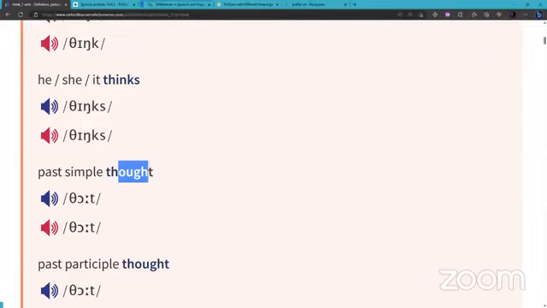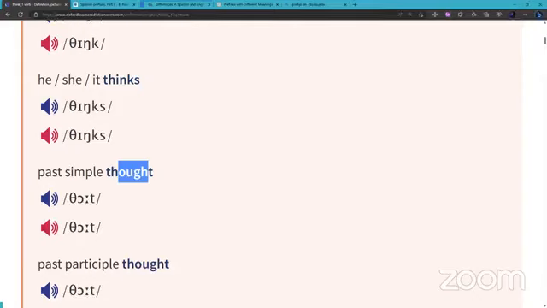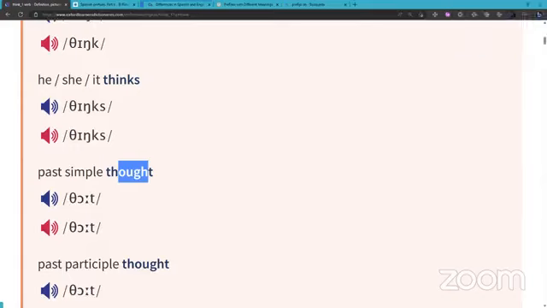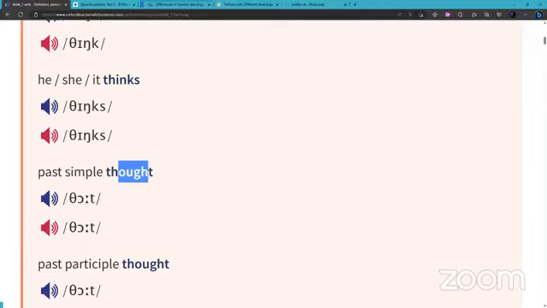No, no deep tongue. Only one sound, one stable o. Tho, and closing in t. Thought. Excellent. Again, thought. Very good.